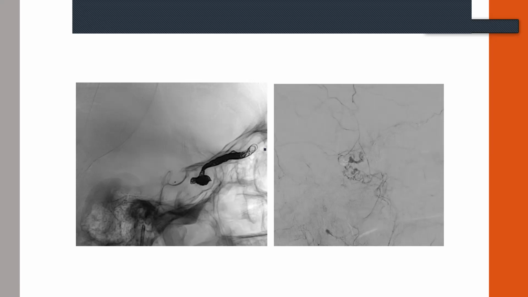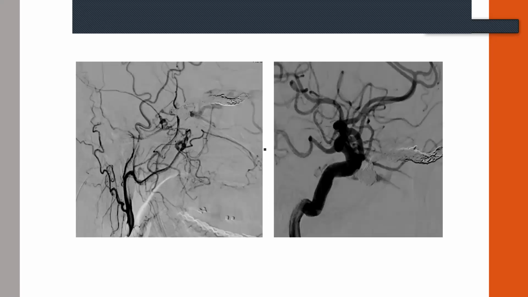But he ended up coming back about 2 weeks later with the exact same symptoms. And this just goes to show you that if you don't completely treat a fistula, it's almost like you didn't do anything at all. You either treat it all or you don't.